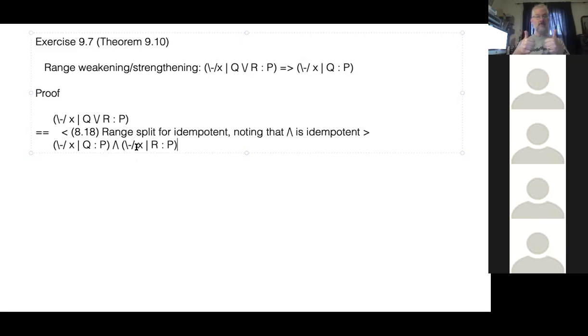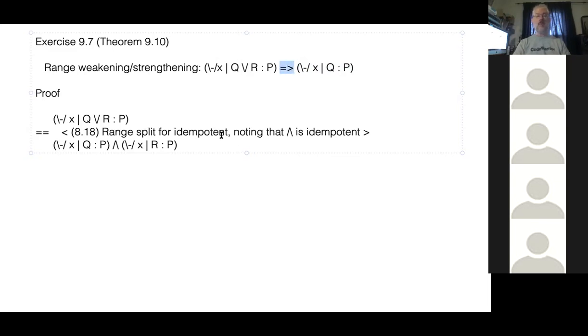Questions? Not hearing any. Then this was a nice move because notice this is exactly what we want over here on the right-hand side. So we've just got two pieces and we want one of them. And we've seen some rules that allow us to throw things away and introduce implications.